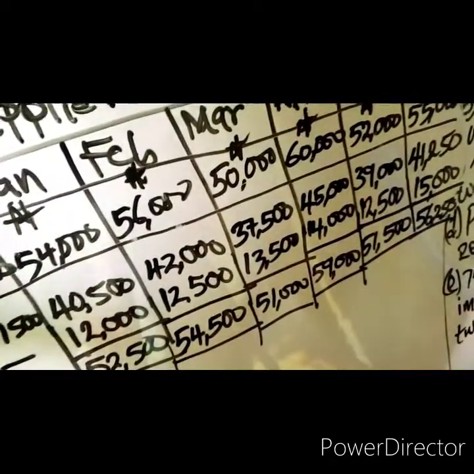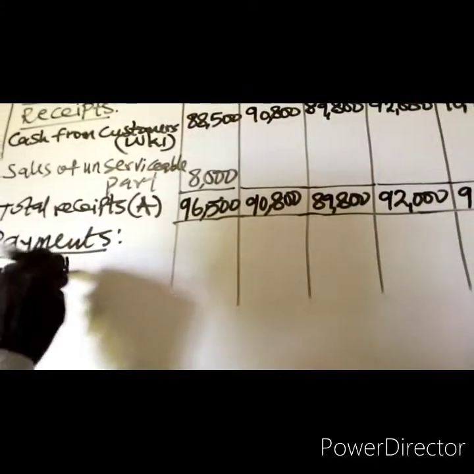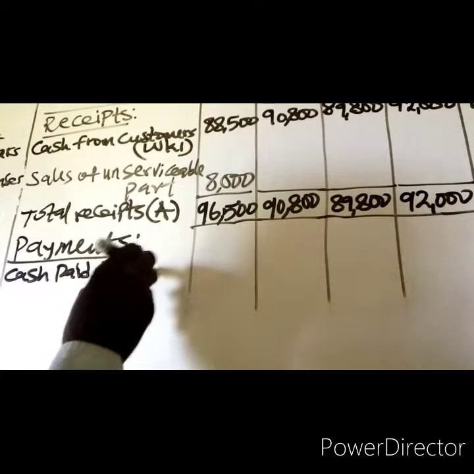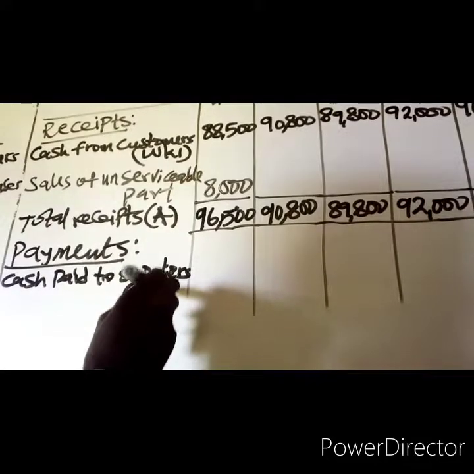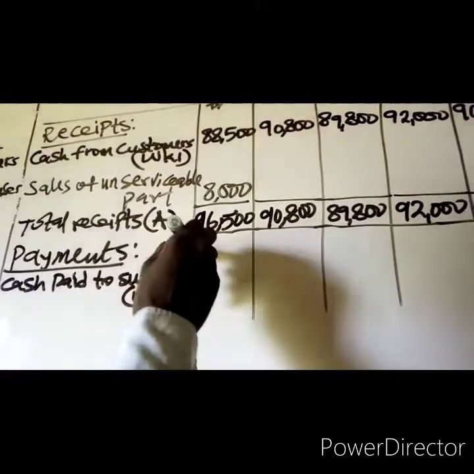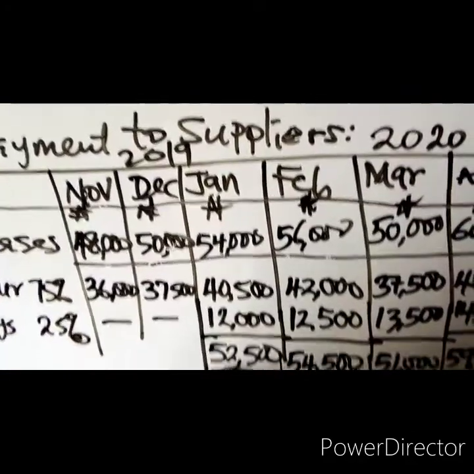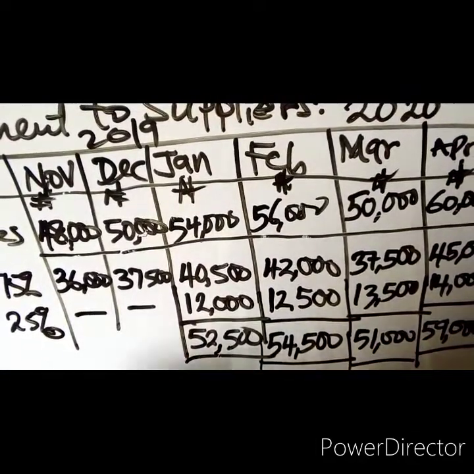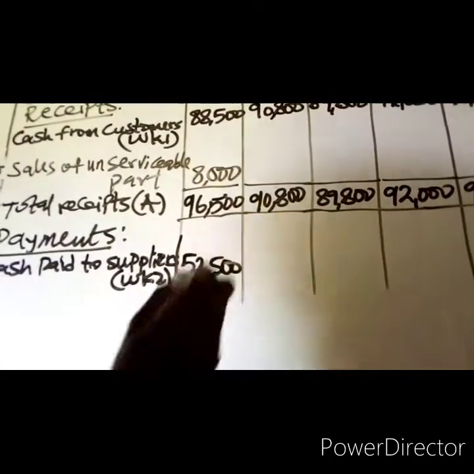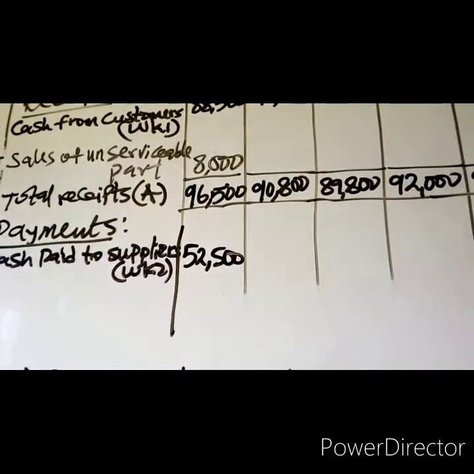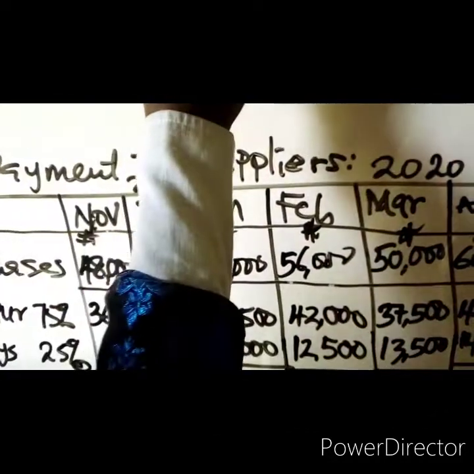Now, cash paid to suppliers. That is working two. For January, we have 52,500. For February, we have 54,500.